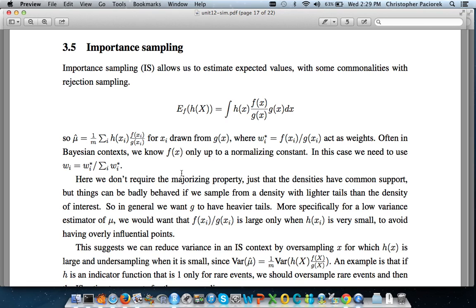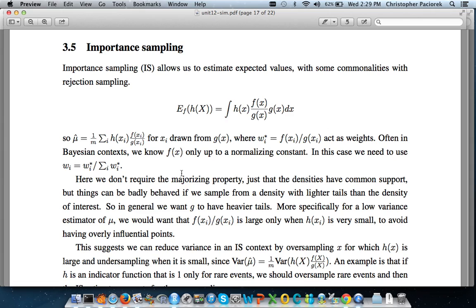Suppose, and this is going to look like the example we did last time with rejection sampling, here's c, and suppose I have some density f that has most of its mass bigger than c. So you can imagine that if I drew a lot of values from f, only a few of them would be less than c, and it would take a lot of draws to get a reliable estimate of the probability of being less than c.